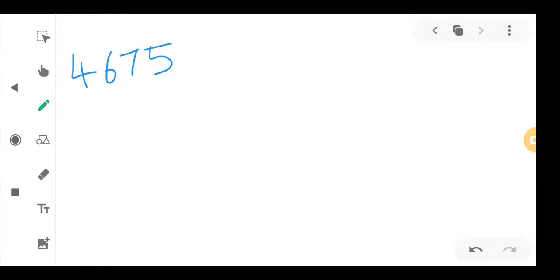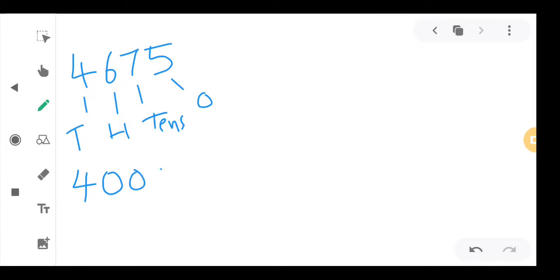First of all we have to write the place values. This is ones place, this is tens place, this is hundreds place, this is thousands place. So the place value of 4 is 4,000. Thousands means 3 zeros. Plus 6.